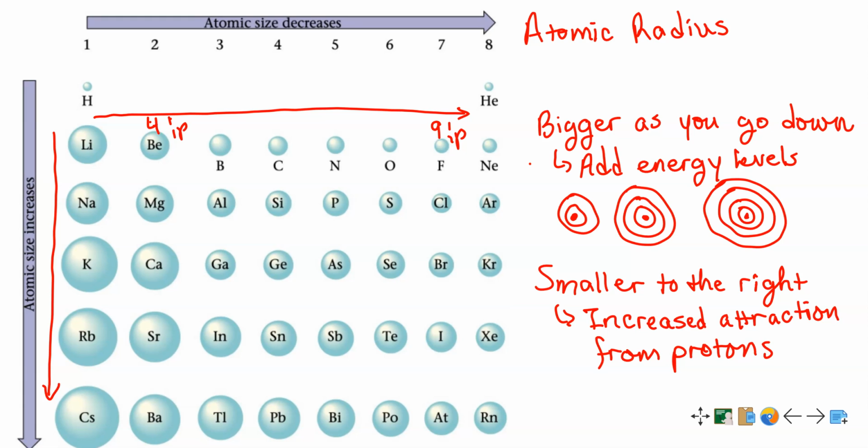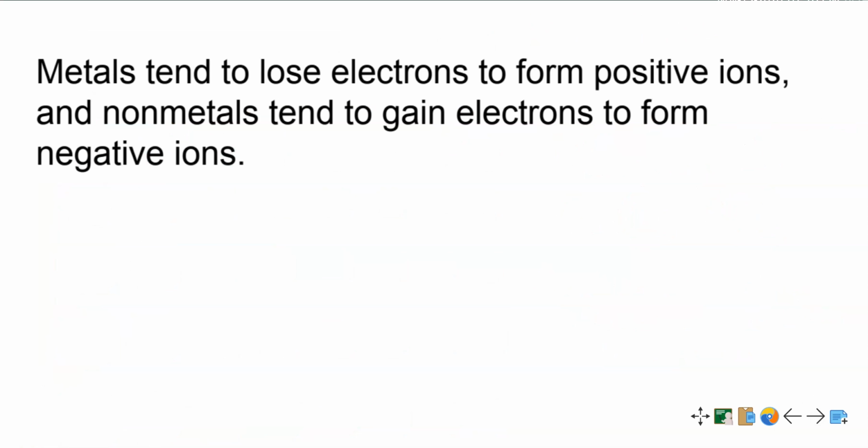So since, I just realized you couldn't see that. Since fluorine has more, it has a greater attraction, which pulls them tighter. Okay, which makes them smaller. Now, a general property because of atomic size, or as a result of atomic size, is metals tend to lose electrons to form positive ions, which, if you recall, we call cations.